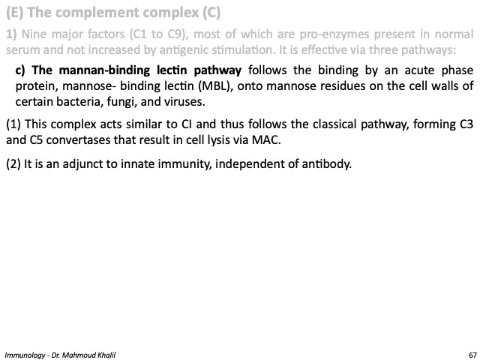This whole complex acts similar to cellular immunity and thus follows the classical pathway, forming C3 and C5 convertase that results ultimately in lysis via the MAC. So it is an adjunct to innate immunity, but it is independent of the antibody.